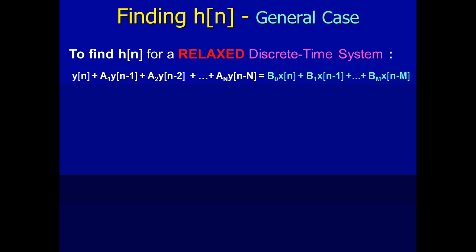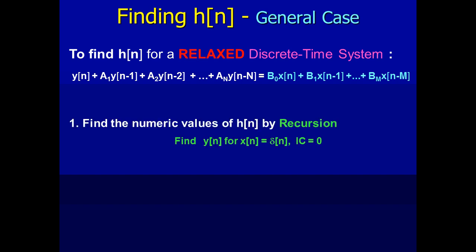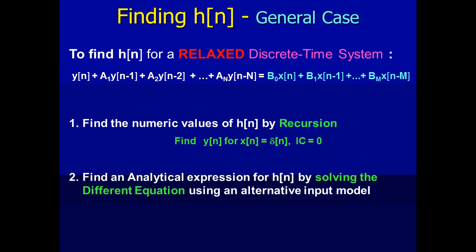So we'll give you the setup. If you have a relaxed, general linear time invariant system with that kind of difference equation, we can find the unit sample response values just like we've done so far. We can use recursion if you want numeric values, or we can solve the difference equation for this particular input and set up a relaxed set of initial conditions and see what comes out.